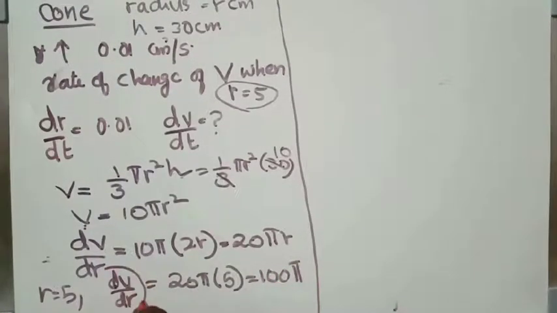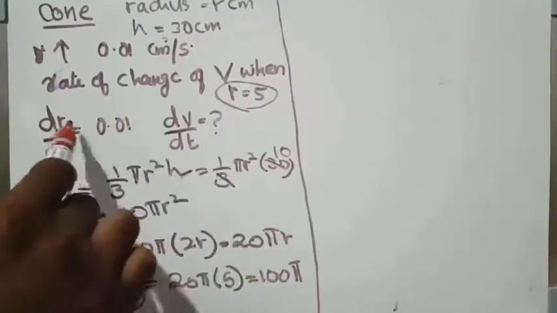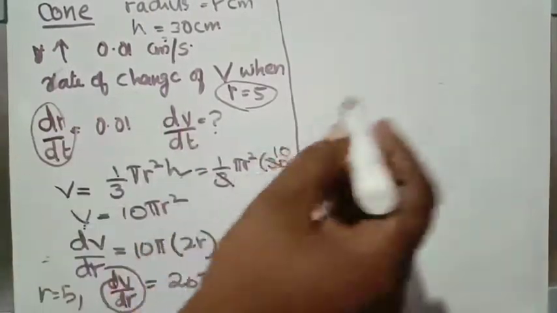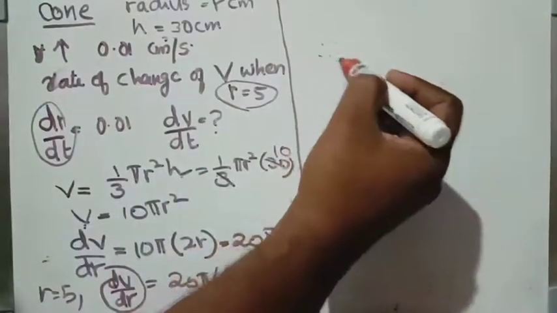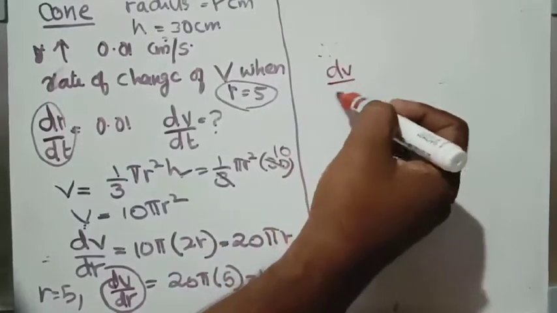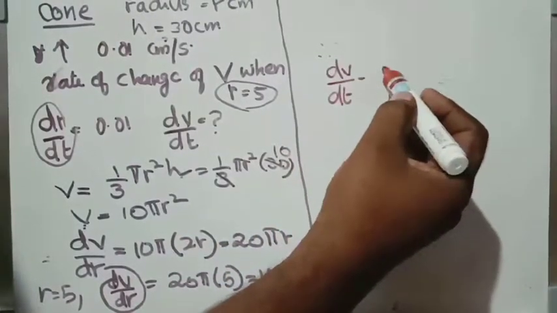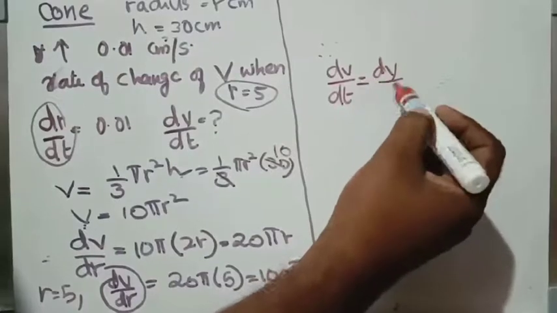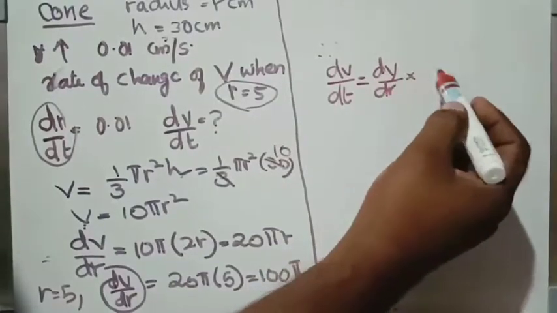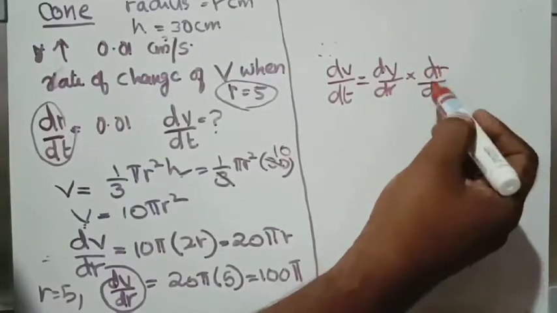So we got dV by dr and dr by dt. Therefore, dV by dt is equal to dV by dr multiplied by dr by dt.